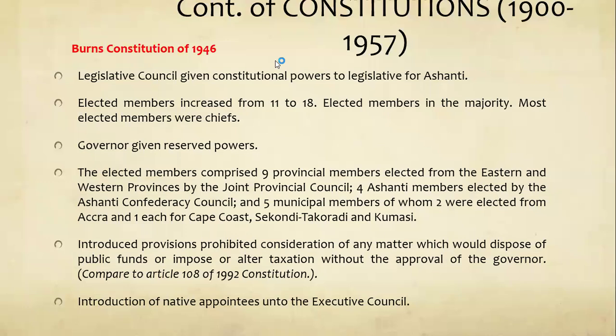Legislative Council was given constitutional powers to legislate for Ashanti. So until this time, the Legislative Council would not make a law to actually apply to the Asante territory.